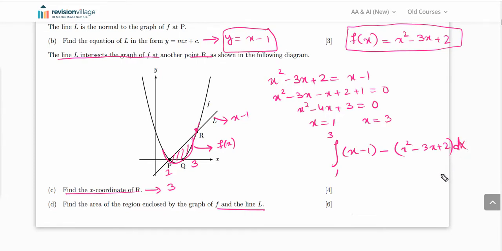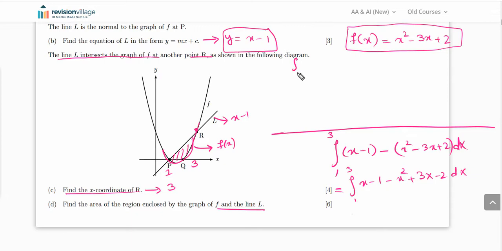dx. Okay, I'll just solve it now. So integration from 1 to 3, x minus 1 minus x squared plus 3x minus 2 dx. And I'll simplify it further. So integration from 1 to 3, it's negative x squared and x plus 3x, that would be 4x, and minus 1 minus 2, that will be minus 3 dx.